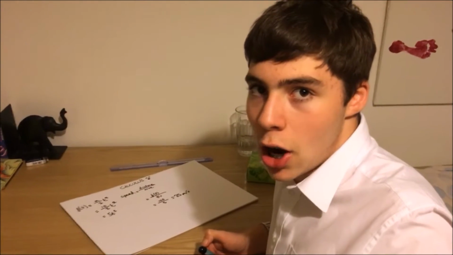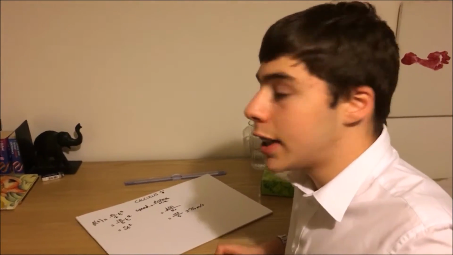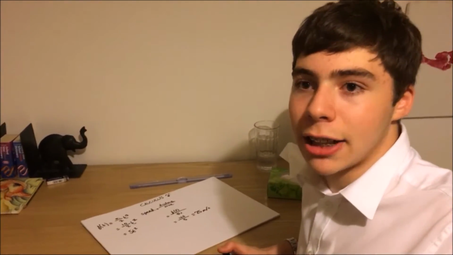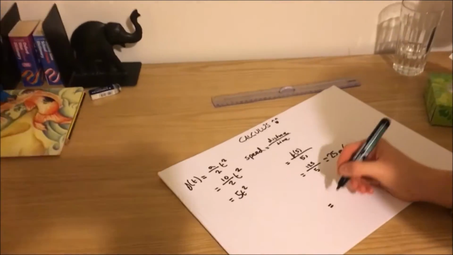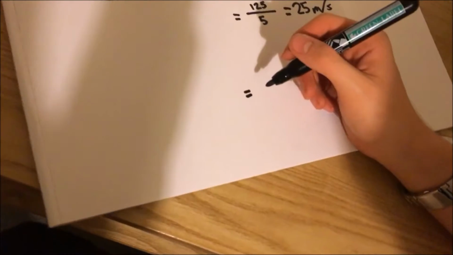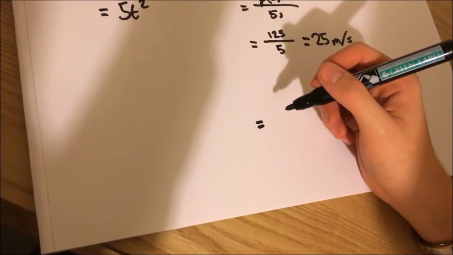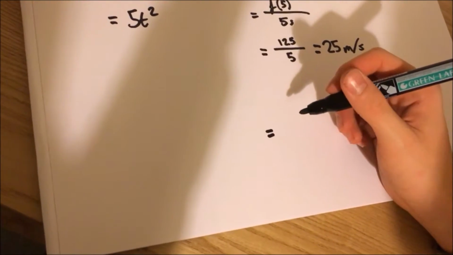But that isn't the exact speed he'll be moving at 5 seconds. That's going to be the average speed over the first 5 seconds. So let's work out the exact speed. So we've got distance over time again. What's the distance we've moved between 5 seconds and 5 seconds? Well, we can't really have any distance.